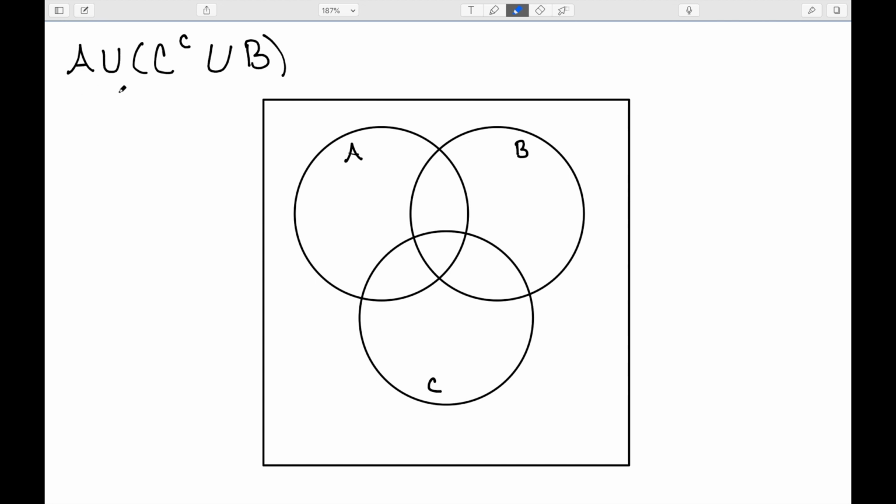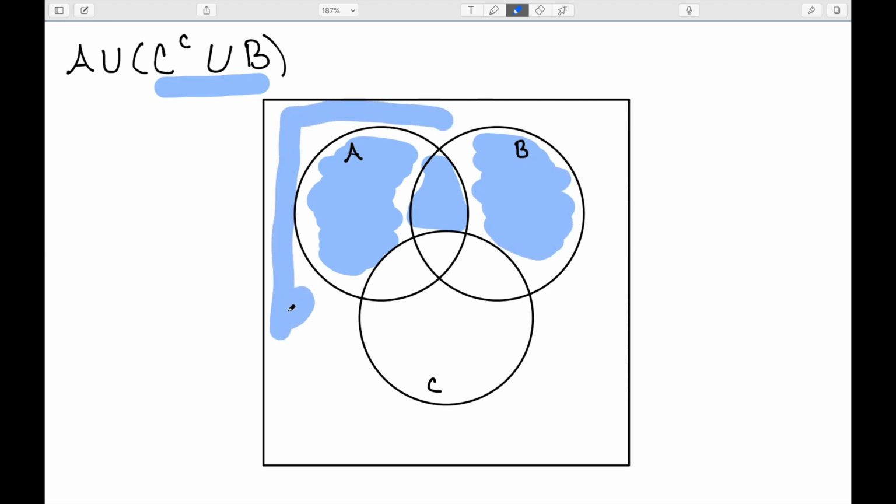Next, we have A union, C complement, union B. So once again, let's start with what's in parentheses. Let's start with C complement, everything that's not in C. So that would be the piece that's just in A and B, just in B, as well as the outside box. All of this would be C complement.